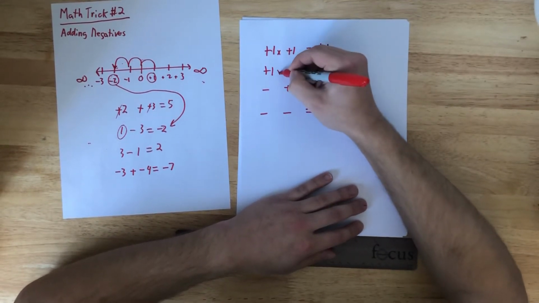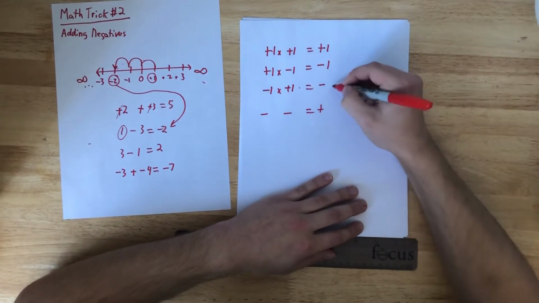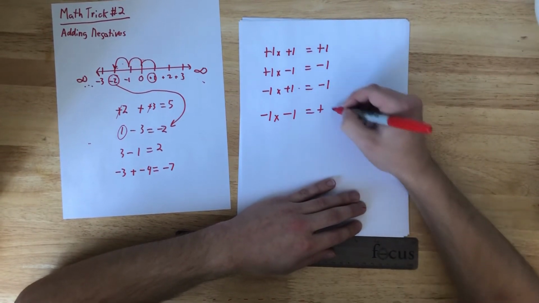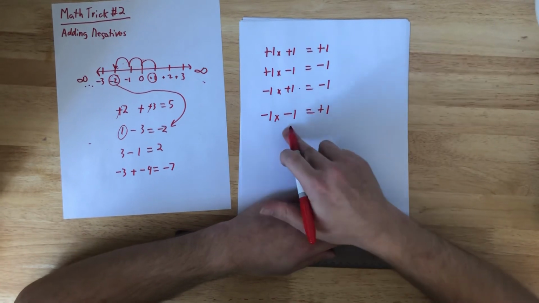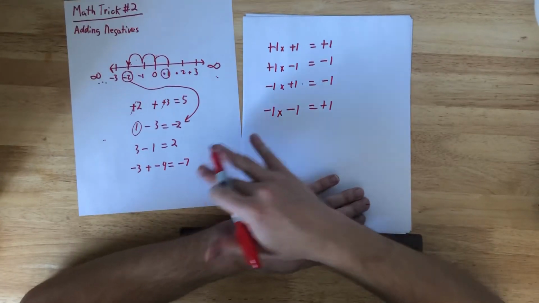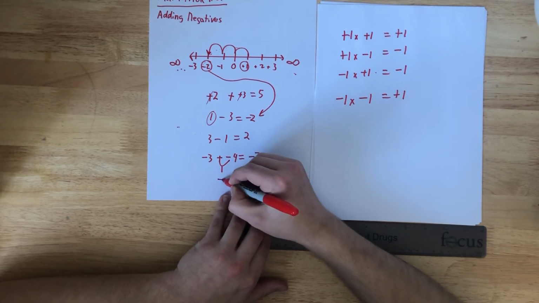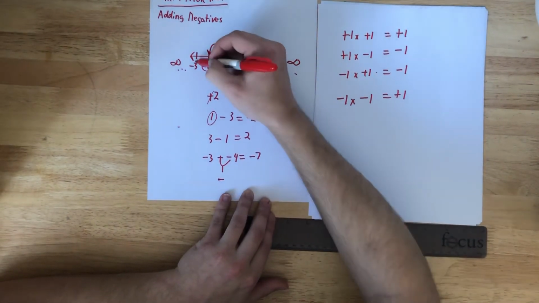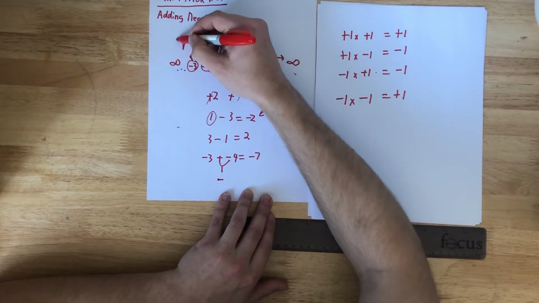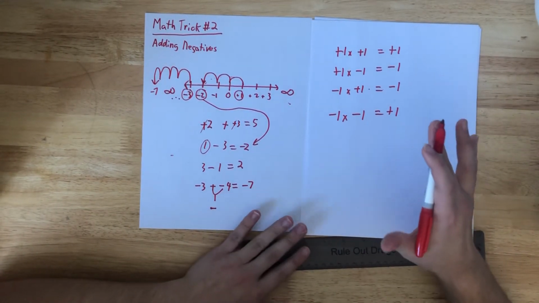A +1 times a -1 would equal a -1. -1 times a +1 equals a -1, and a -1 times a -1 equals a +1. Basically, if you have two negatives, they'll cancel each other out. So in this example back over here, we have a positive and a negative, therefore that becomes a negative. So if we go from -3 and we subtract 4, we would keep going -4, -5, -6, -7. So that's how that works.